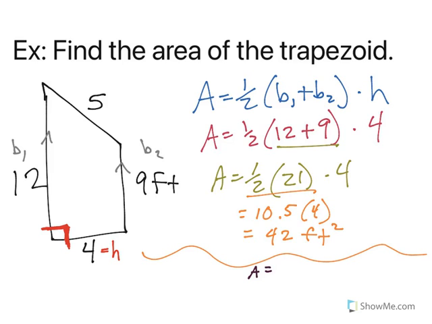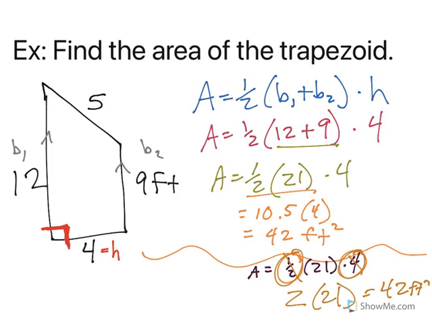But I want to go back to 1/2 times 21 times 4, because multiplication is commutative. That means you can do it in whatever order you want. So if I say, well, I know that half of 4 is 2, right? 1/2 times 4 gives me 2. Then I have 2 times 21, which is 42 square feet.